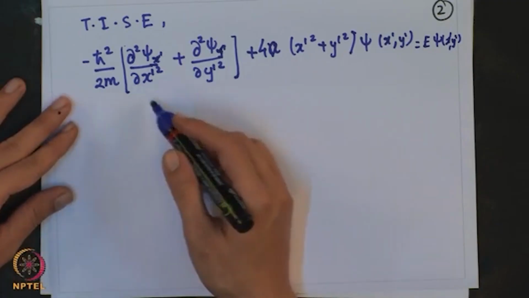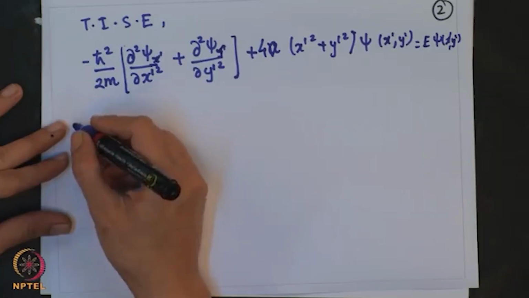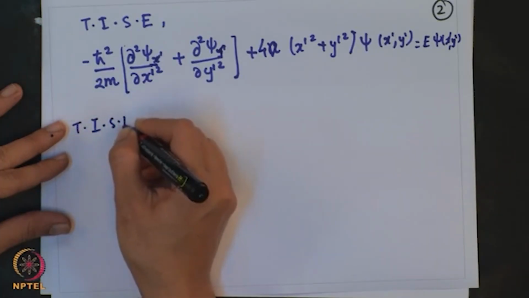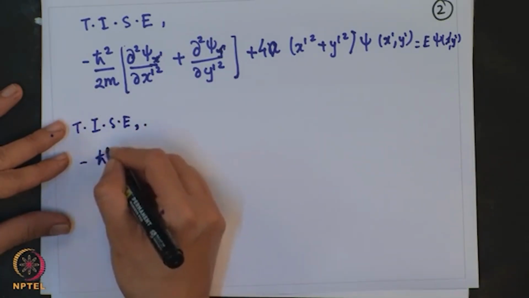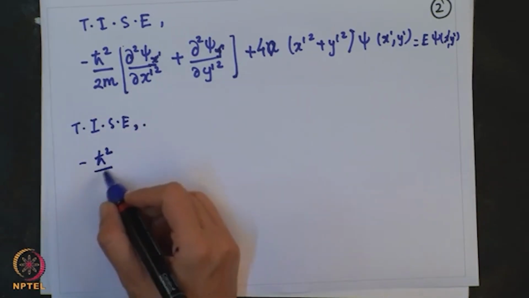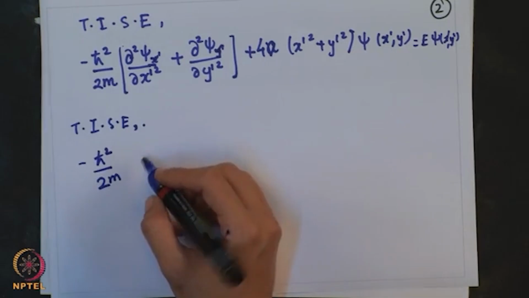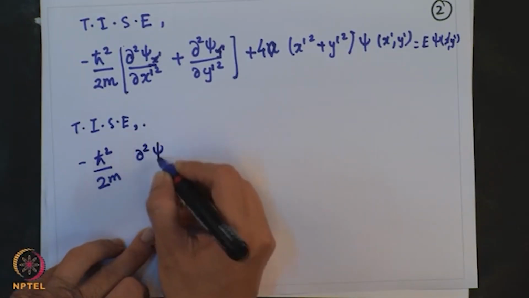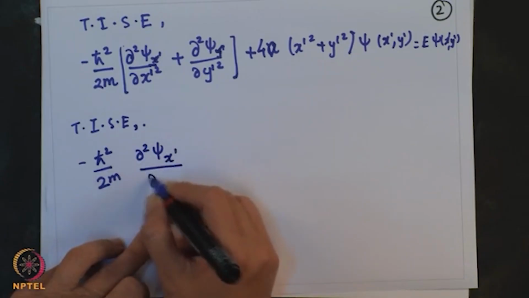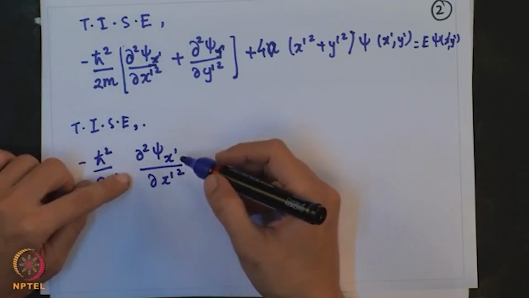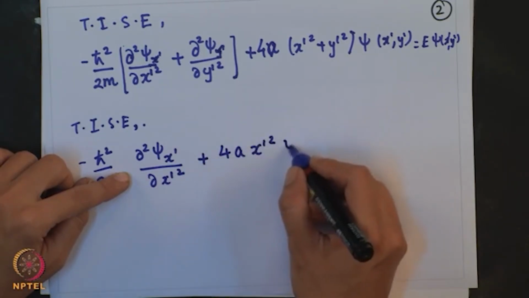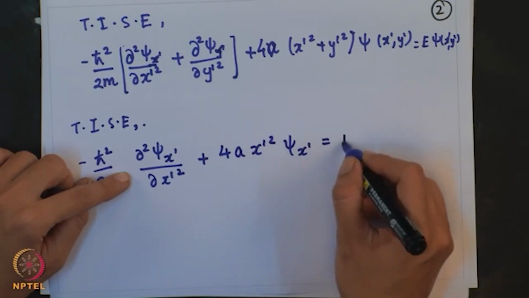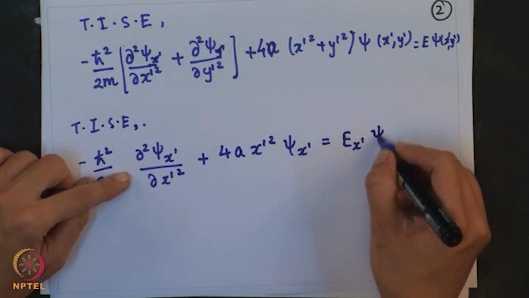Now, if I want to do separation of variables on this time independent Schrodinger equation, what I do is I will have minus h cross square upon 2m del square psi of x prime by del x prime square, this is the kinetic term, plus 4a x prime square psi of x prime is equal to E x prime psi of x prime.